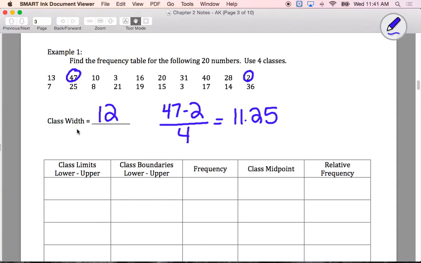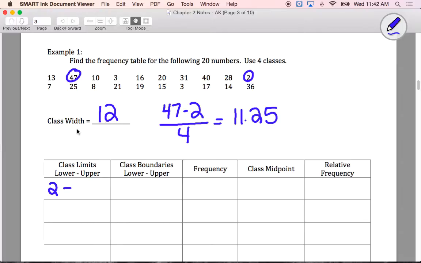So when you do your class limits, you start with the smallest number in your data values. 2 is my smallest. I need to make sure I have an option of 12 numbers in this first row. So you don't take 2 plus 12, because if you do 2 plus 12, you're actually making 13 numbers that fall in that group.